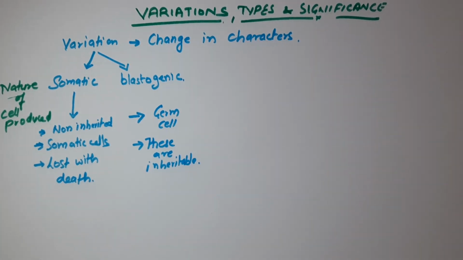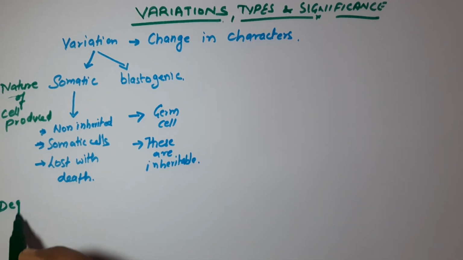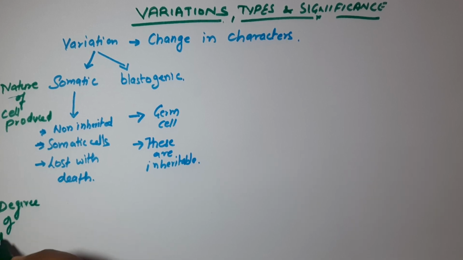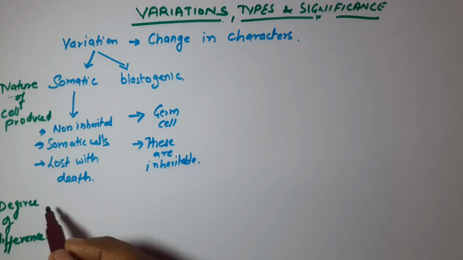Apart from the nature of the cell produced, there is also the degree of difference. So based on the degree of the difference produced, there are two types of variation.